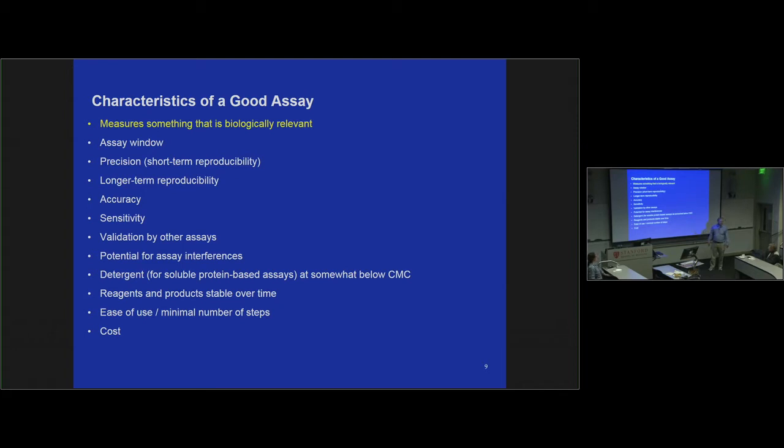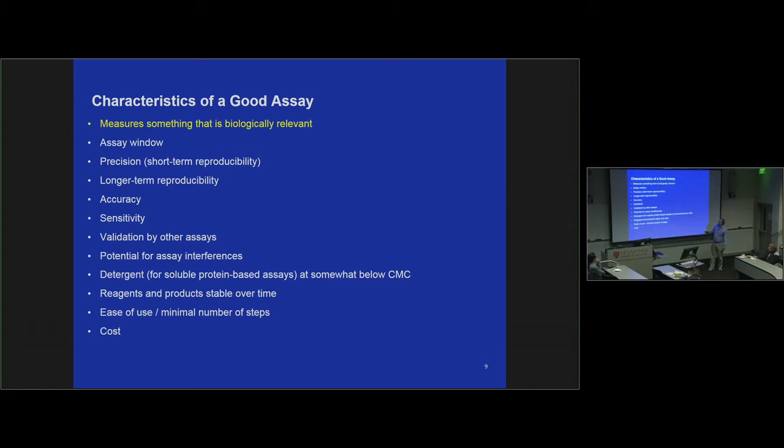I have a hard time getting people to do that. Then there's the size of the assay window, precision, which is really what Z prime factor measures, and long-term reproducibility. You have a standard compound. If you run it now, and if you run it a month from now, both in dose response, do you get the same result?